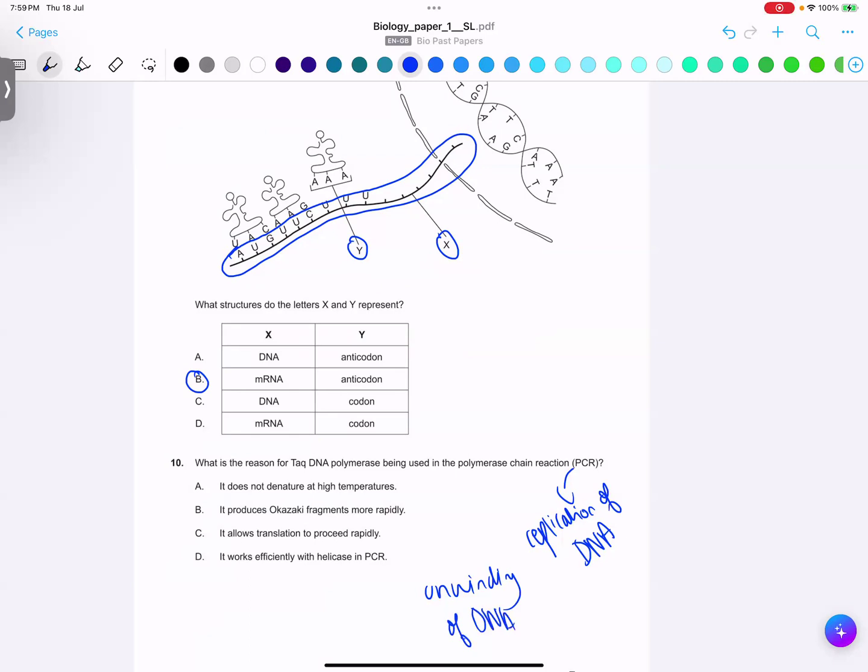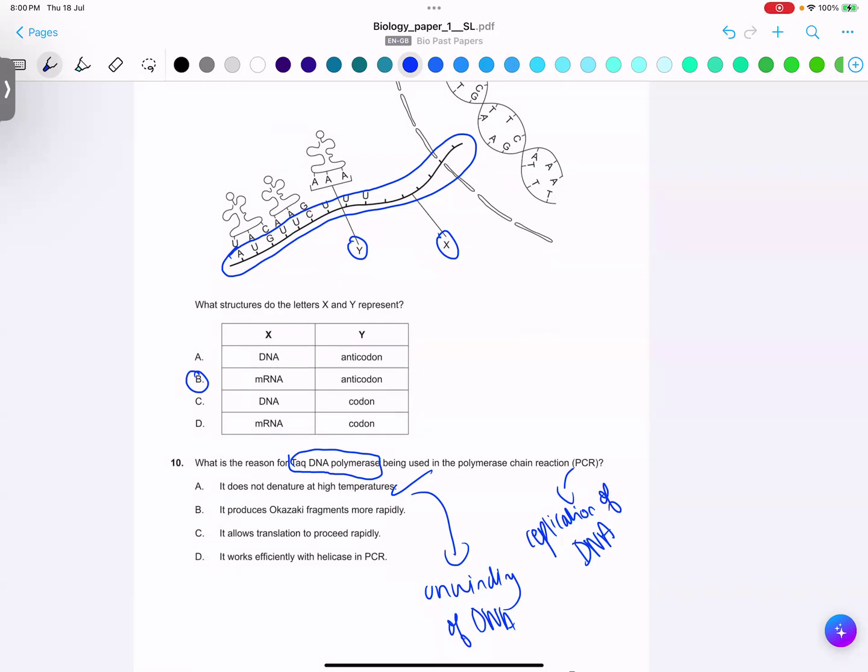So for this question, why they used specifically Taq DNA polymerase is exactly their question. So we need to extract their question. They say it does not denature at high temperatures, which is true, and it ends up unwinding the DNA. It produces Okazaki fragments more rapidly. It allows translation to proceed rapidly. It works efficiently with helicase in PCR.